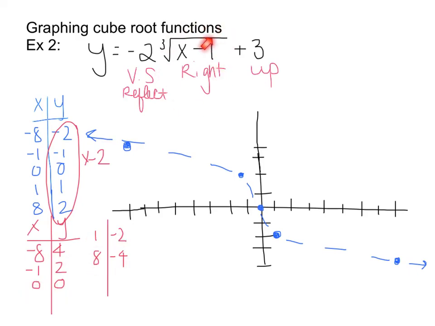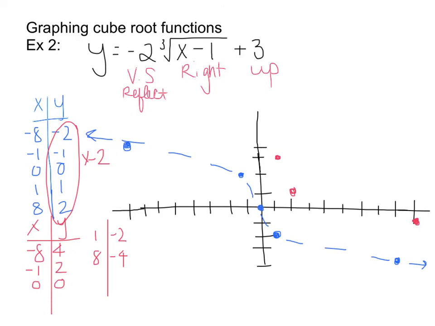Now we have to move those points to the right 1, and then we have to move them up 3. So right 1, up 1, 2, 3. Right 1, up 1, 2, 3.